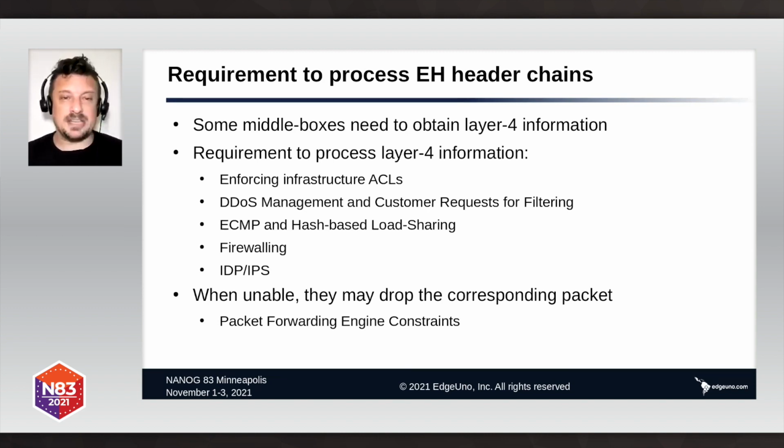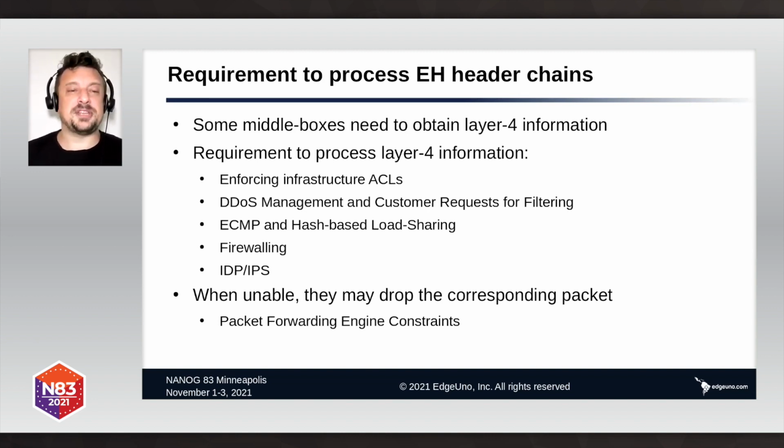Seems to be valid, legitimate, okay? Again, in that kind of scenario, what you need to do is not only look at the IP addresses, but also at the transport protocol ports, which require any device that is processing the packets to process the entire IPv6 header chain to get to the upper layer protocol.